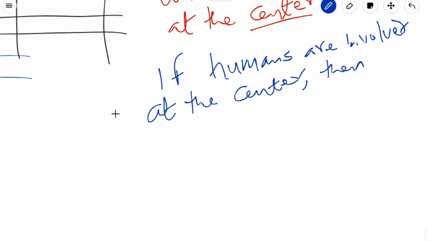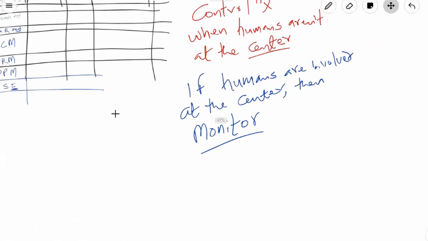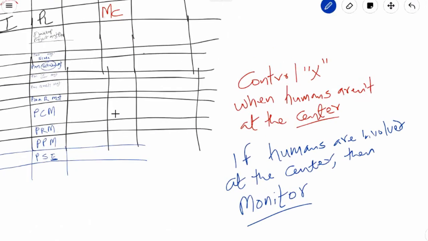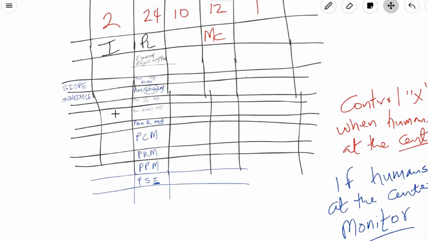If humans are involved at the center, then monitor, because you should not be controlling human beings. So says our friend at headquarters. Now, we don't do this to human beings such as stakeholders or when we are communicating.